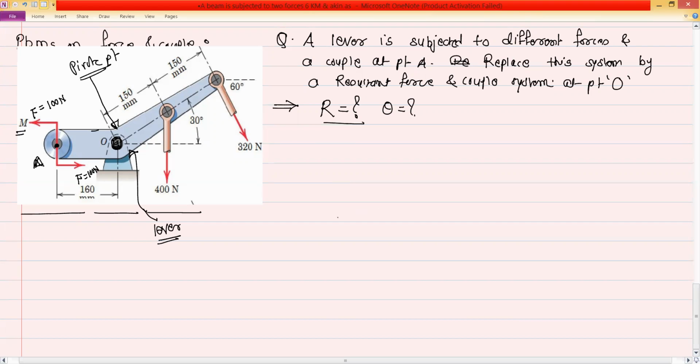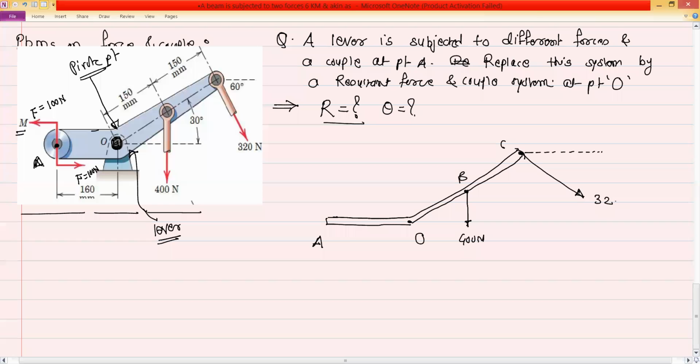So I will draw the simplified diagram for the given system. So this is the point A. This point is O. This is 400 Newton. Let us take this point, so this is point B. This is C. This is the horizontal direction.